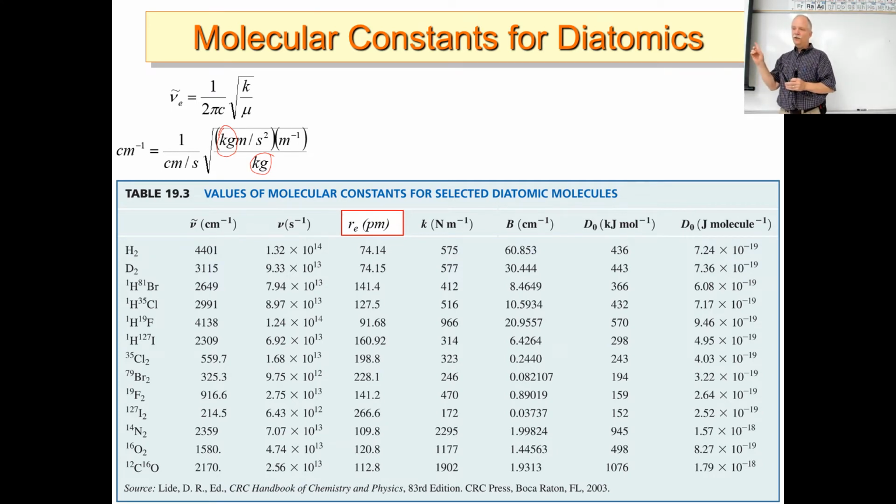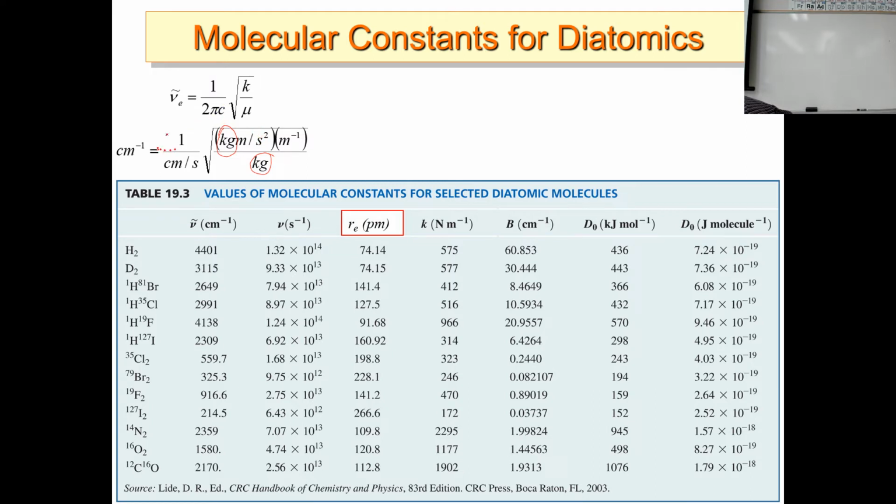This is going to give you inverse meters when you take all of this, because if you look at the meters, let's see, the meters are going to cancel. That's right. And so then you have this factor of the speed of light in front. If you just use 3 times 10 to the 8 meters per second, it's going to cancel with the second, but we're going to end up with inverse meters.